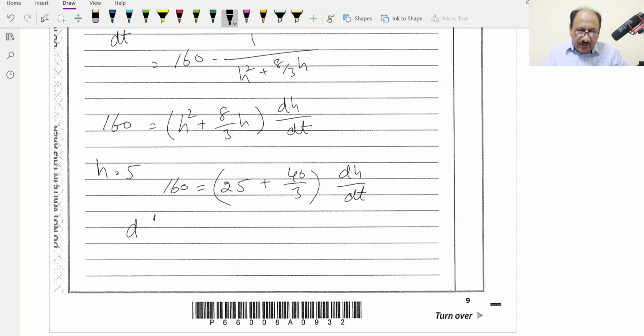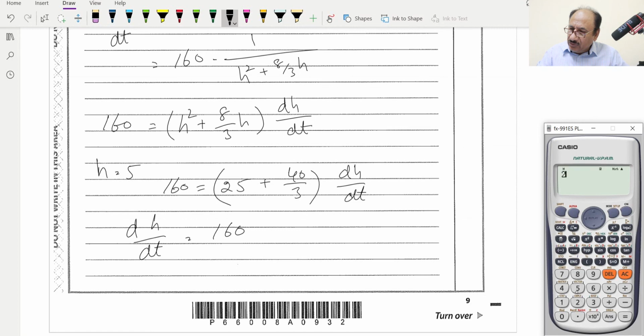We can find dh over dt is equal to 160, and we can simplify first. This is 25 plus 40 over 3, and this results in 115 by 3.